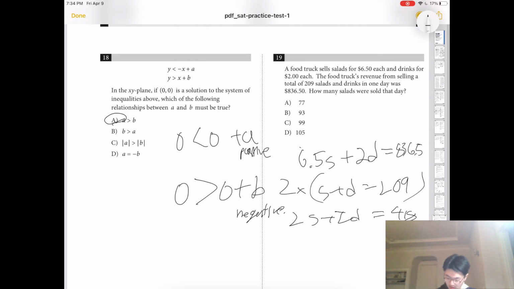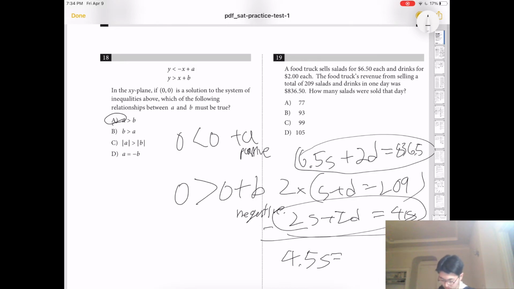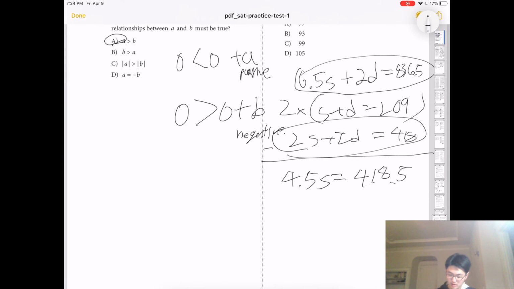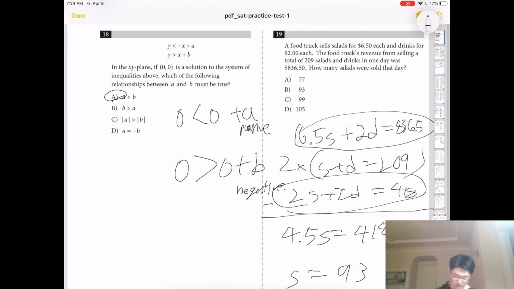Subtract this from this, and you get 4.5S equals 418.5. So S would be 418.5 divided by 4.5, which is 93. So the answer would be 93 salads were sold that day.